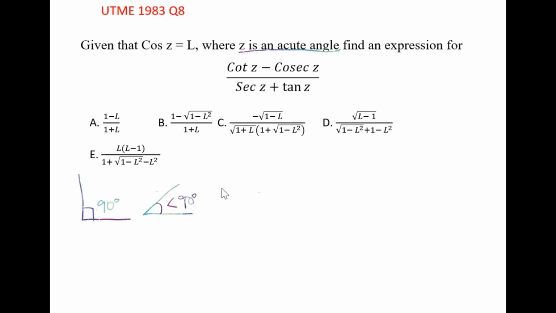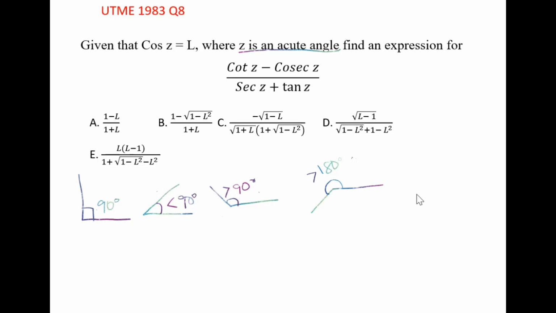When the angle is greater than 90 degrees, we call it an obtuse angle. If an angle is greater than 180 degrees, we call it a reflex angle.